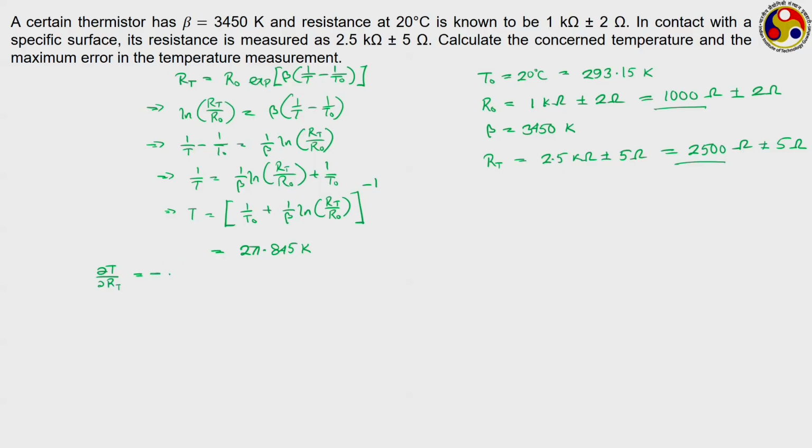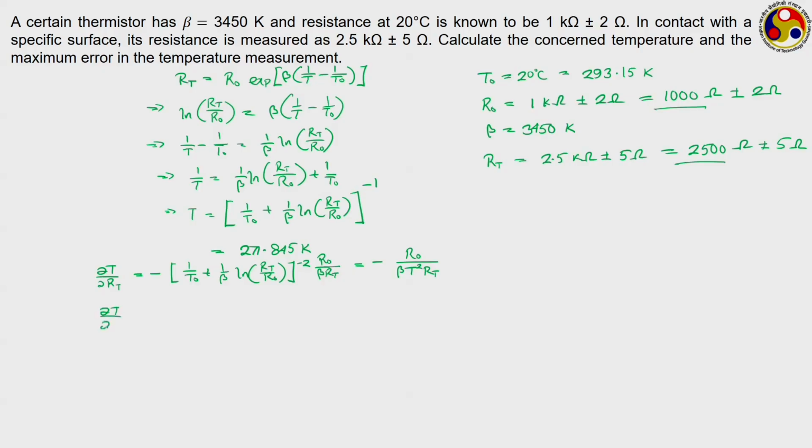It is going to be minus 1 into the whole thing, 1 by T naught plus 1 upon beta ln of RT by R naught, whole to the power minus 2, into, if we go inside this now, 1 upon beta into R naught by RT, or we can probably write this as minus R naught by beta T square RT. So, the corresponding value you can calculate.